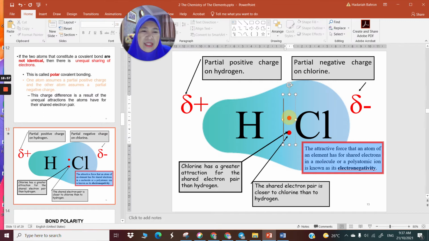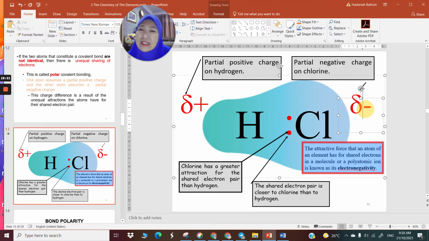As you can see here, the bonded pair of electrons, these ones here, are attracted to chlorine much more than they are attracted to hydrogen. That is why we say that more electronegative chlorine is having a bigger share of the pair of electrons being shared between them.